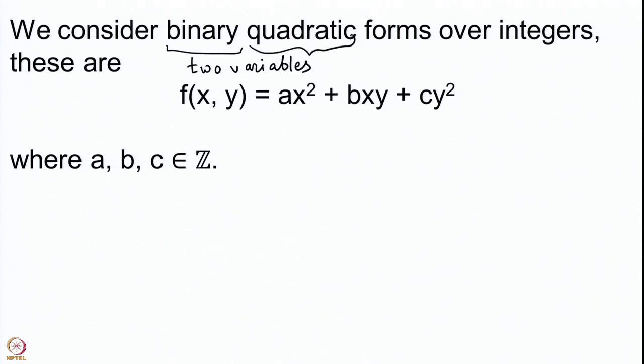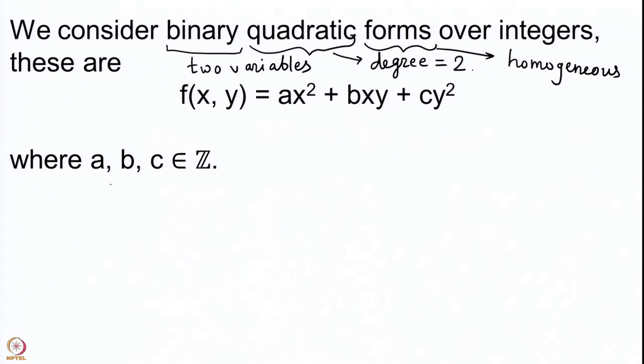Quadratic comes because the degree of the polynomial here is 2, and form comes because the polynomial is a homogeneous polynomial. And where do integers come? Integers are there because the coefficients of this polynomial are taken from integers.